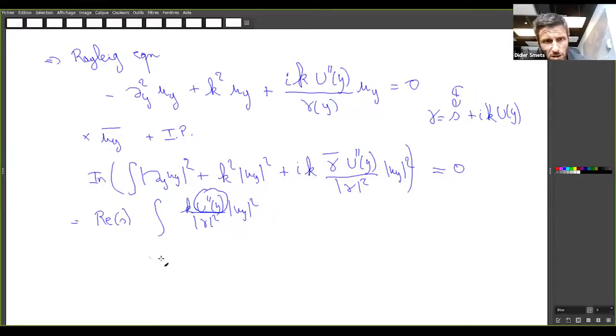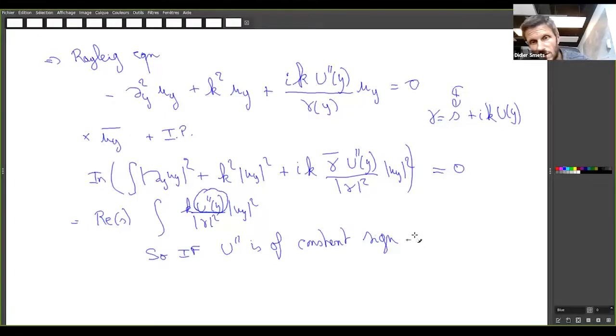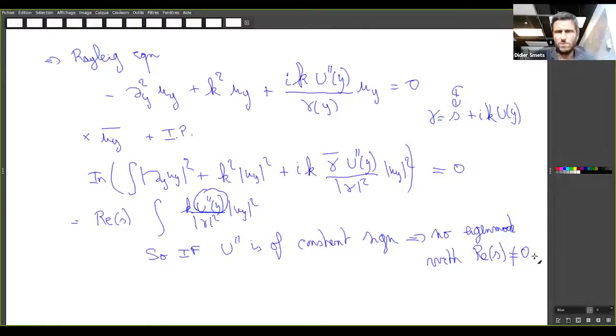Okay, so if U second is of constant sign, we conclude that there are no eigenmode with real part of S different from 0. There may be purely imaginary mode, but no matter. In particular, there are no unstable mode.